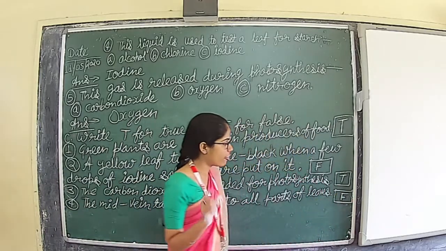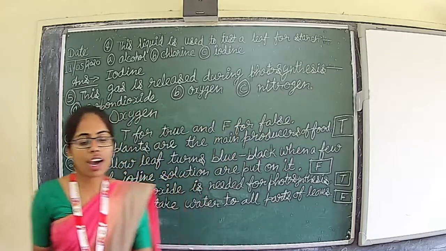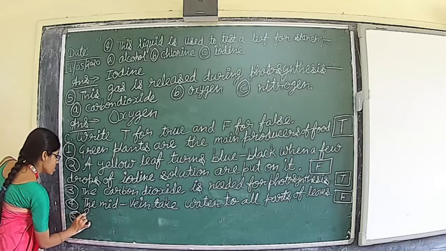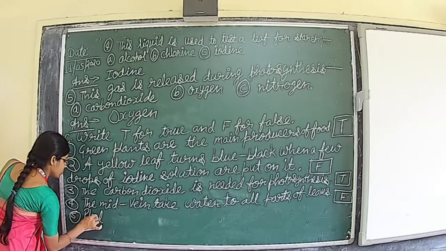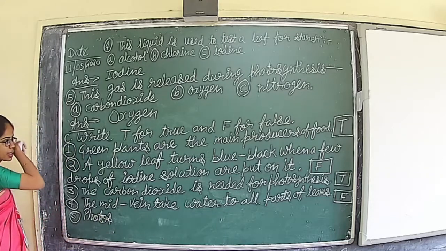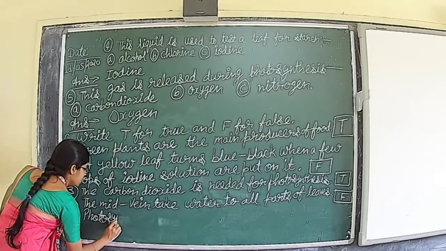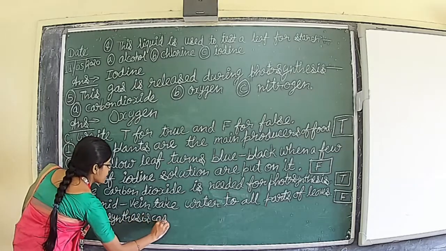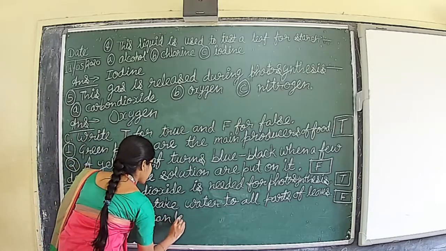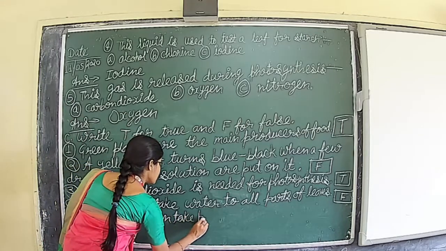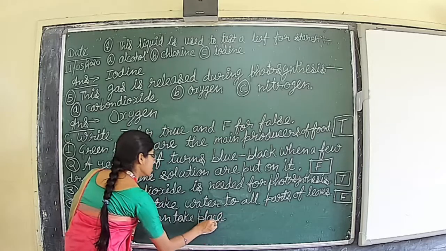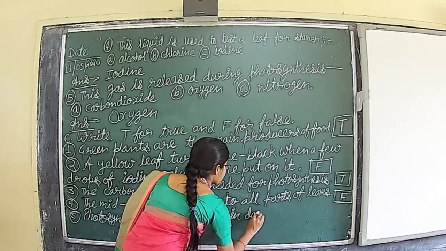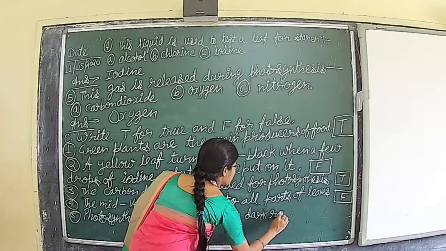So what will we write? F. Now last question. Photosynthesis can take place in dark room.